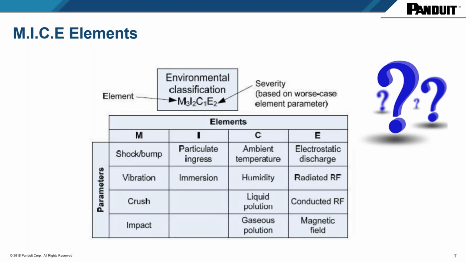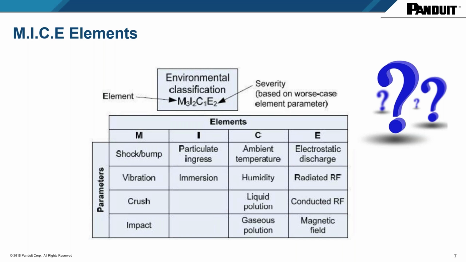When you look at the I element, the ingress element, we are basically concerned with water and dust. And you could have different concentrations of water and dust in a given environment. It starts from absence of dust and water, to presence, to intermittent presence, to immersion.